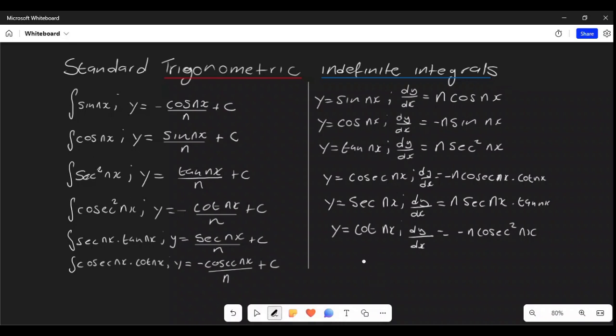So these ones we call derivatives, and on this side we call them integrals. I hope you are able to see how to do this.